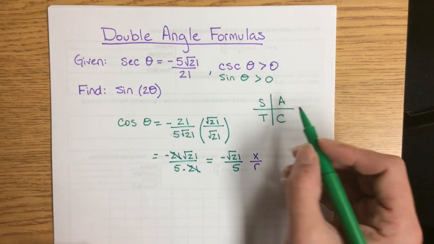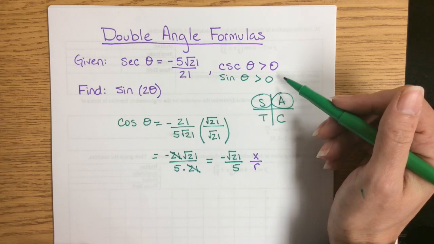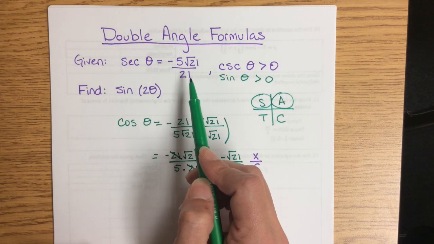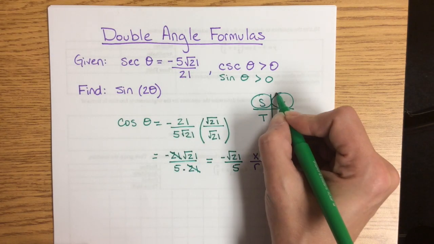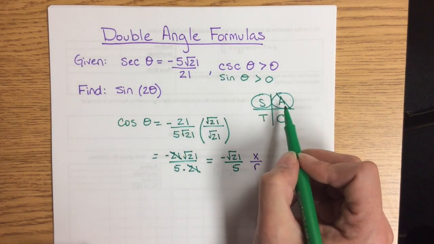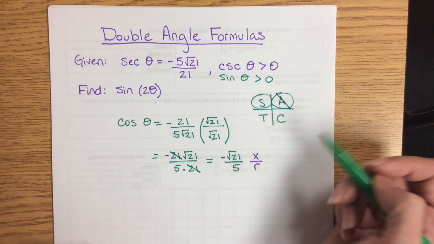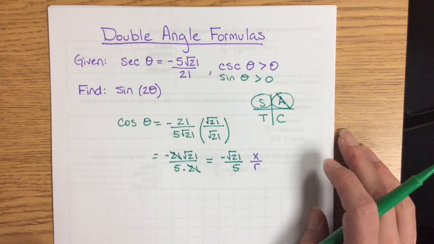We know that it has to be in quadrant 1 or quadrant 2 because sine has to be positive. We know that secant is negative, and that's the reciprocal of cosine, so it can't be in quadrant 1 because secant would be positive there, so it has to be in quadrant 2. That's going to help us know what sign we should have at the end.